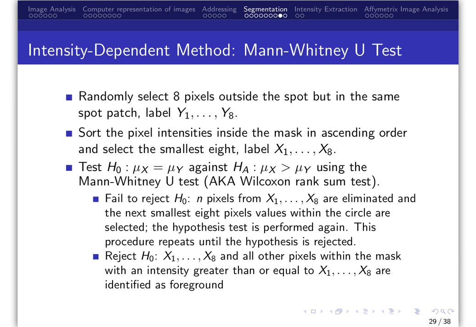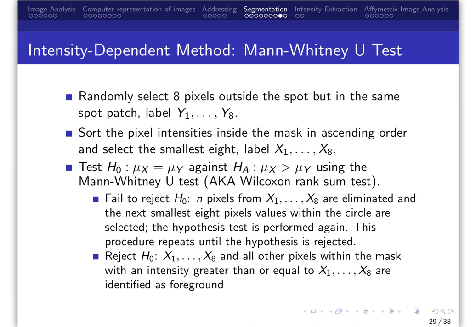The pixel values inside the mask are sorted in ascending order, and the smallest 8 pixels, represented by X1 through X8, are selected. Then you use the Mann-Whitney U-test to test the null hypothesis that the location of X is equal to the location of Y against the alternative hypothesis that the location of X is greater than the location of Y.